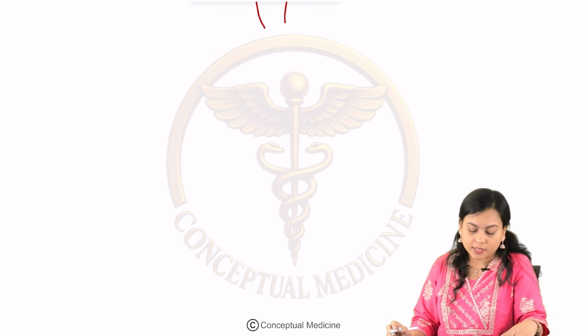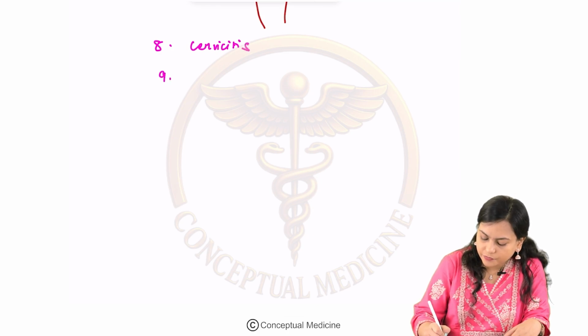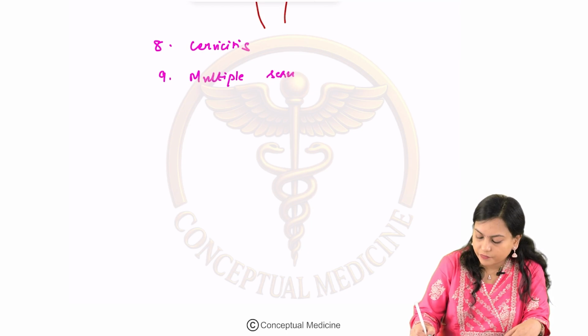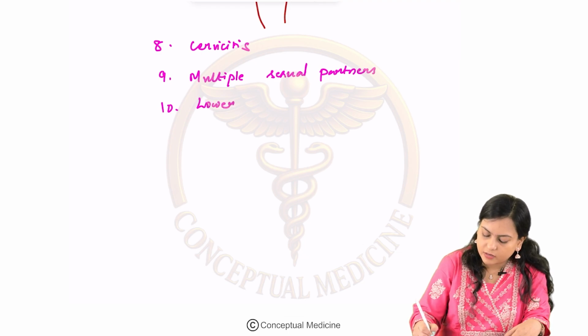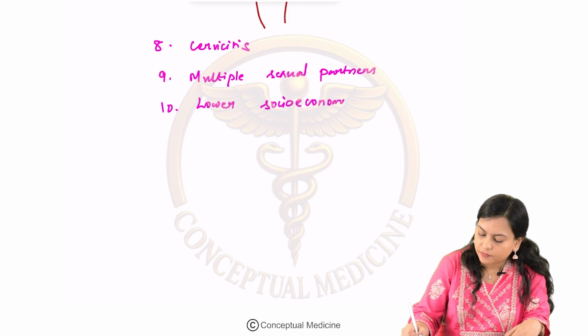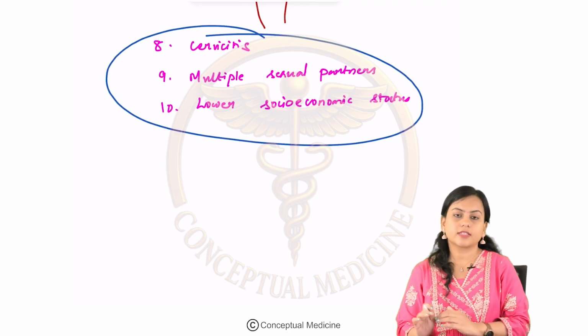We can see some other causes also. We can include cervicitis, multiple sexual partners, and lower socioeconomic status. You can ask me, ma'am, in what way are these going to cause the ectopic pregnancy?